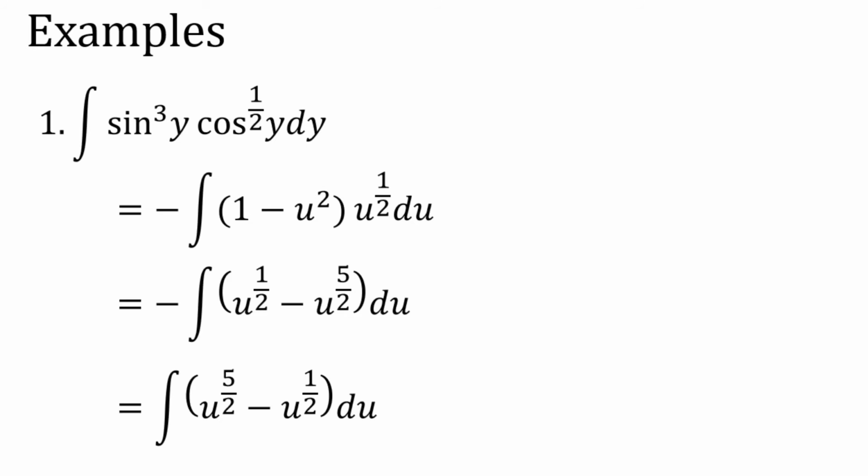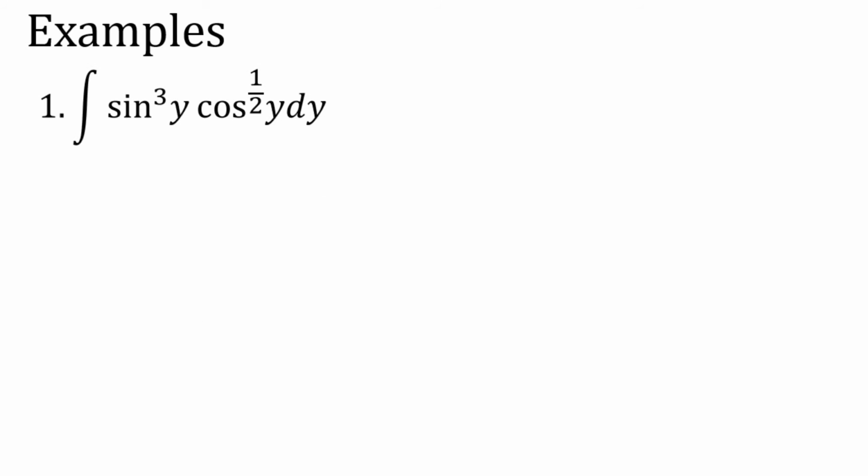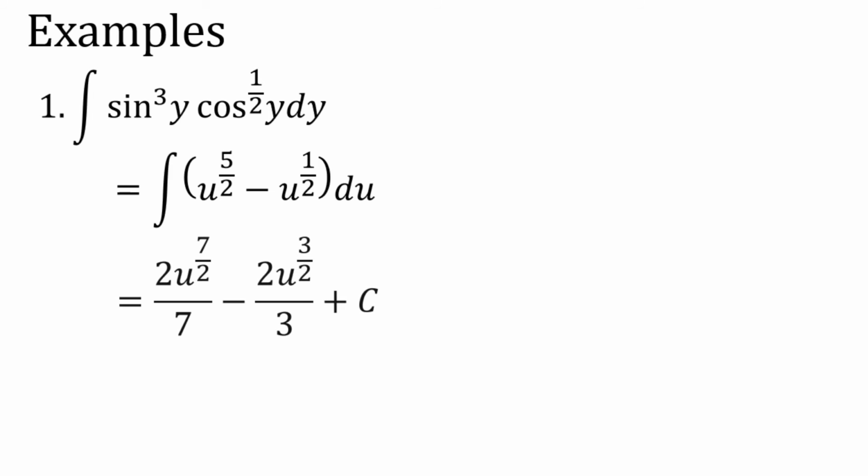And as you can see, it is already integrable. So let us integrate. Applying the basic principle of integration, we're going to have 2u raised to 7/2 over 7 minus 2u raised to 3/2 over 3 plus c.